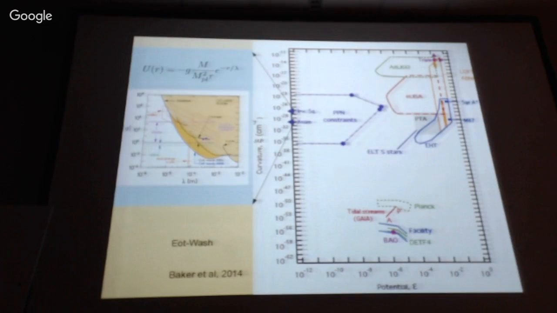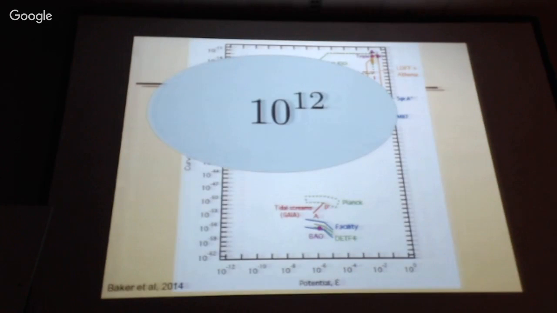So what is true is that at the solar system, we have very tight constraints on gravity. So by, for example, sending lasers to the moon and getting them reflected on mirrors, we can measure with a lot of accuracy the position of the moon with respect to the Earth.